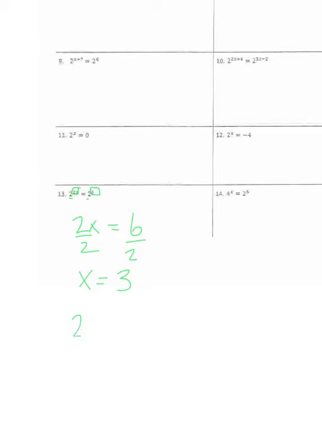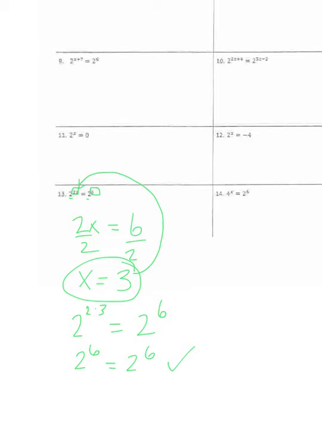You should substitute the value for x back into your original equation. So 2 to the exponent 2 times 3, does that equal 2 to the 6th? Well, 2 times 3 is 6, so we get 2 to the 6th equals 2 to the 6th, so that checks. And the solution would be x equals 3.